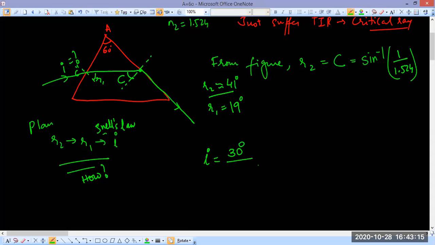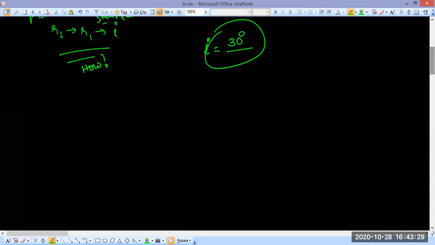Fine. So that's it for this question. This was a prism question, but based on total internal reflection. So in such cases you have to be a little careful. Listen to this carefully and write it if you want.